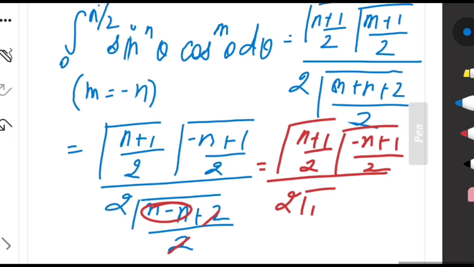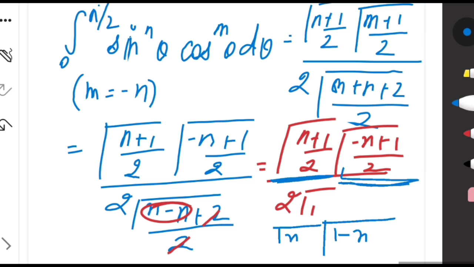Now again we want to use the formula of gamma n and gamma 1 minus n. You can see it is gamma n, and I will make this 1 minus n. So what I'm doing is, instead of half, I'm writing 1 minus half.